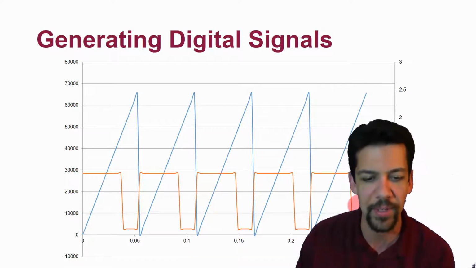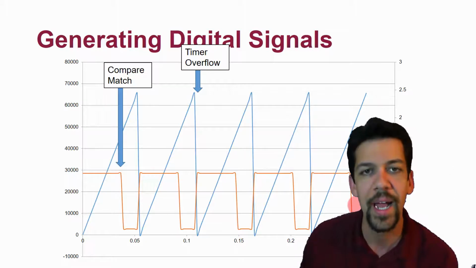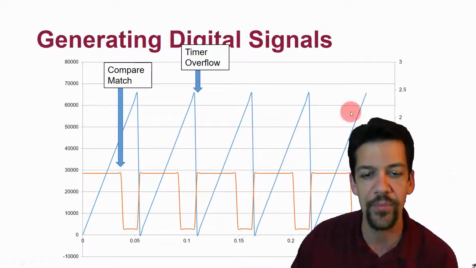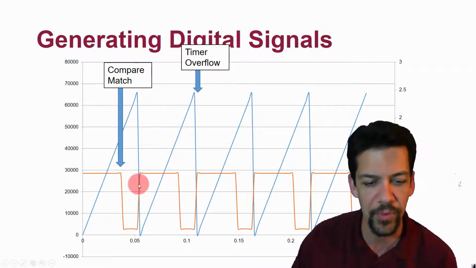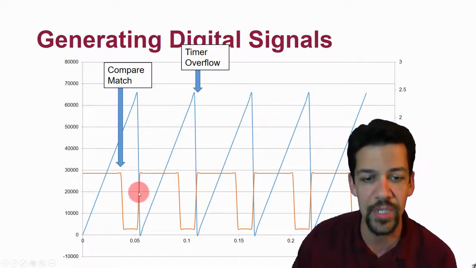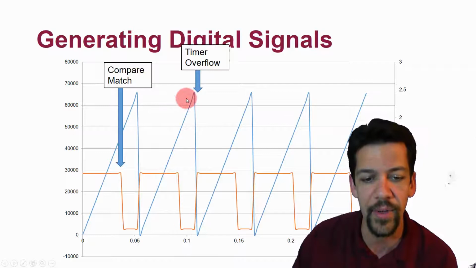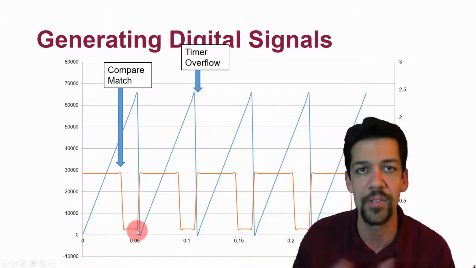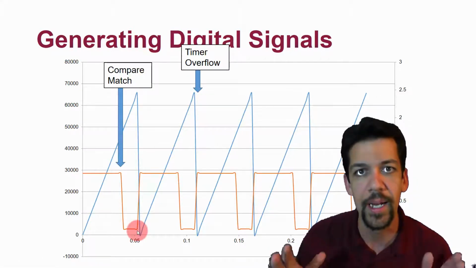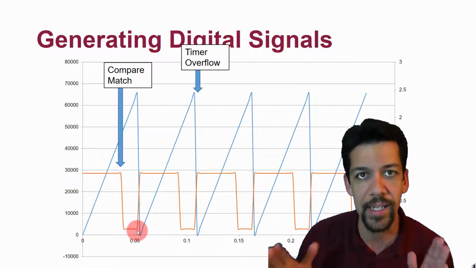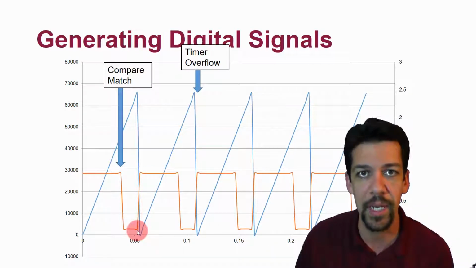So in this case, what happens is we have a timer overflow, which defines the period. We have a timer overflow here, which starts one new cycle, and we have a timer overflow here, which starts another cycle. So that defines the period. So the modulus register in our hardware is going to define the period of our PWM signal.